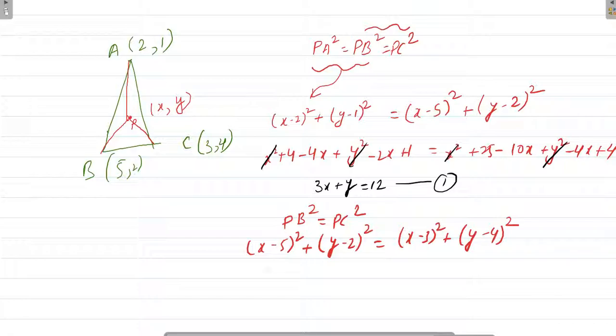After solving these two squares, we will get x plus 3y equals 10.